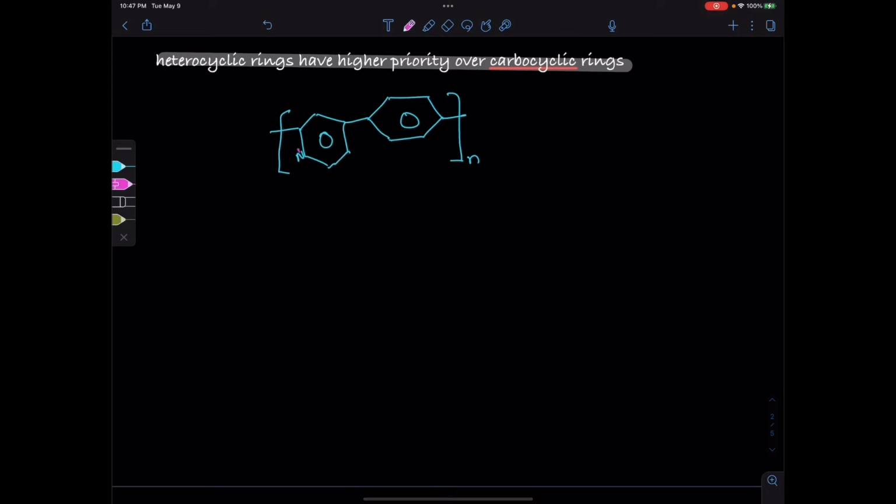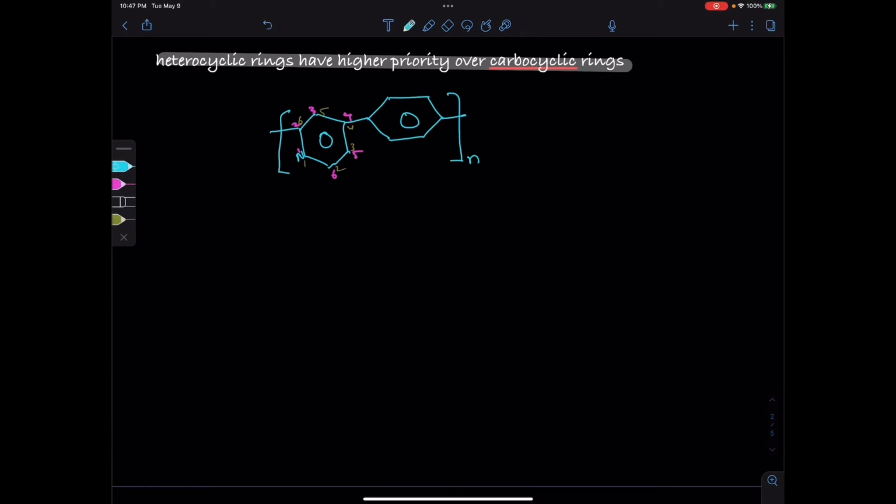We could go 1, 2, 3, 4, 5, 6, or we could go the other way. According to the rule, the connecting carbons should have a lower number, so 2, 4 would be correct, because that's less than 4, 6.